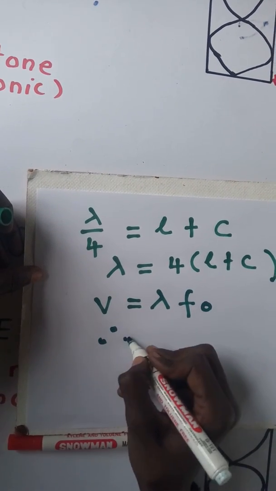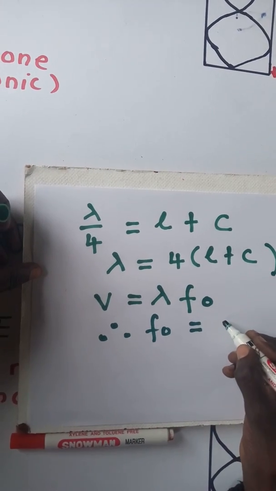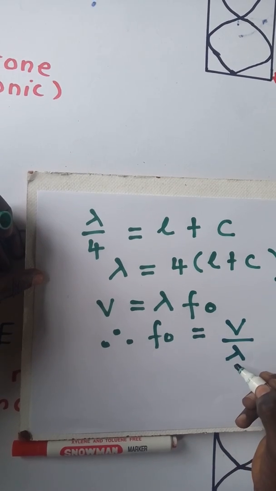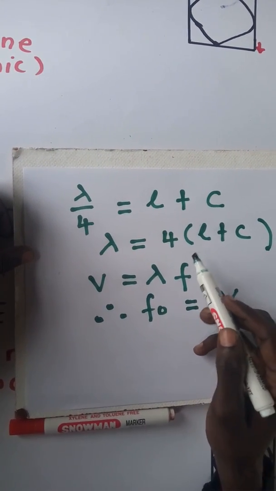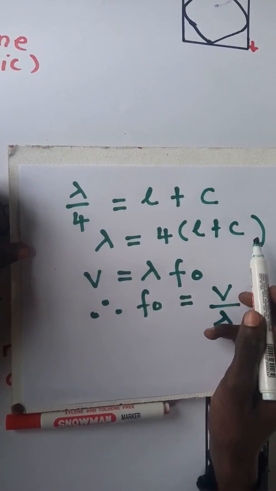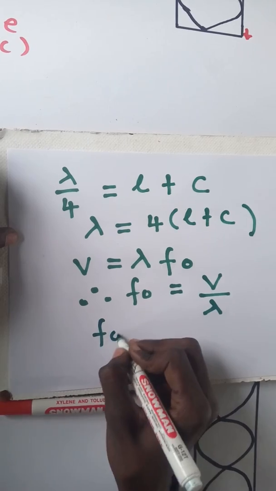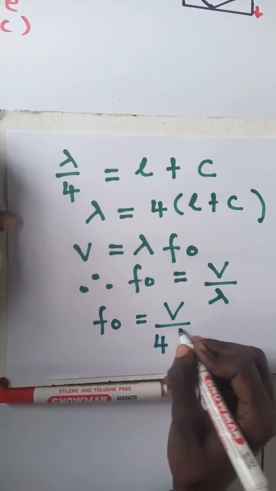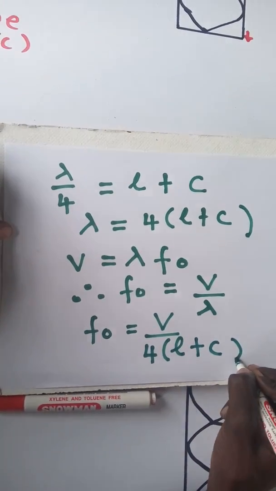Therefore, fundamental frequency is equal to velocity over wavelength. But wavelength is equal to 4 times (length of the closed pipe plus end correction). So fundamental frequency is equal to velocity over 4 (length of the closed pipe plus end correction).